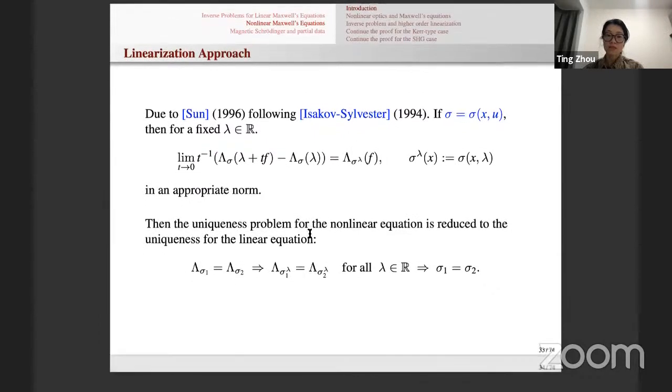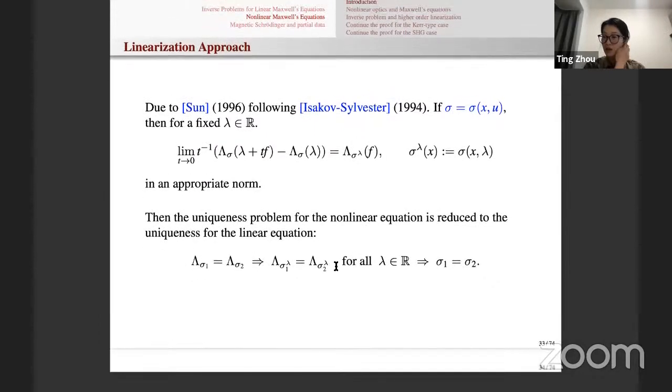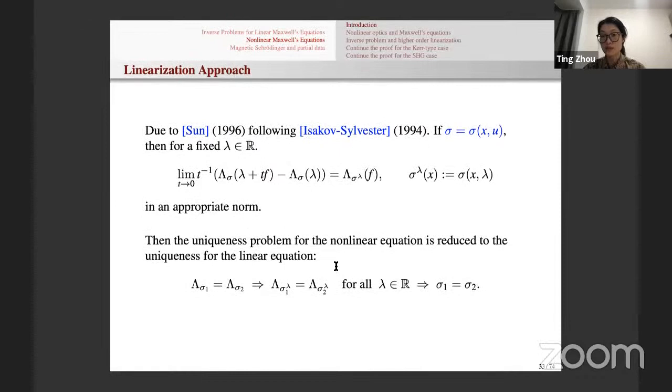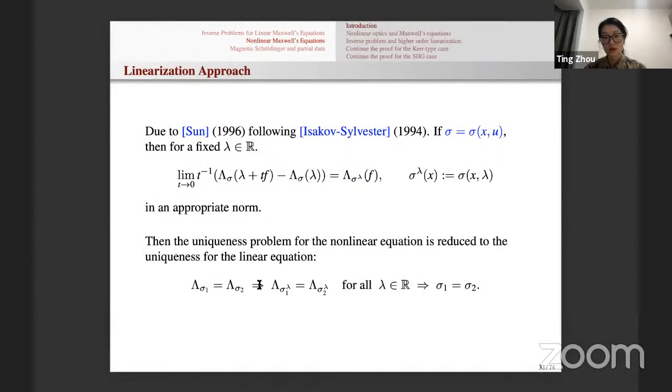And then you can immediately use the uniqueness result for the Calderon problem with linear equations. If you have identical DN maps for the nonlinear conductivities, then by using this linearization you have identical DN maps for the conductivities frozen at lambda, the constant solution.